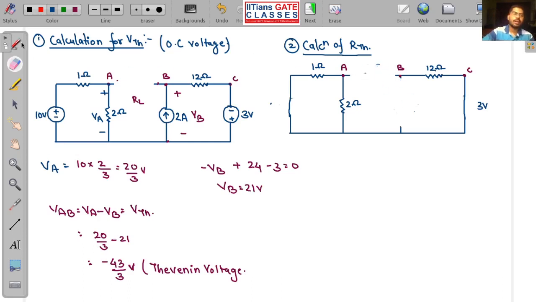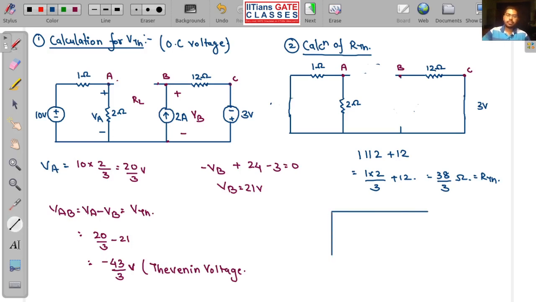What is the equivalent resistance? You can see 1 ohm is parallel to 2 ohm, and it is in series with 12 ohm. So this is 1 into 2 divided by 3 plus 12. So that is 38 by 3 ohm. So this is my RTH. Now if I want to draw the equivalent circuit diagram, how will I draw it?